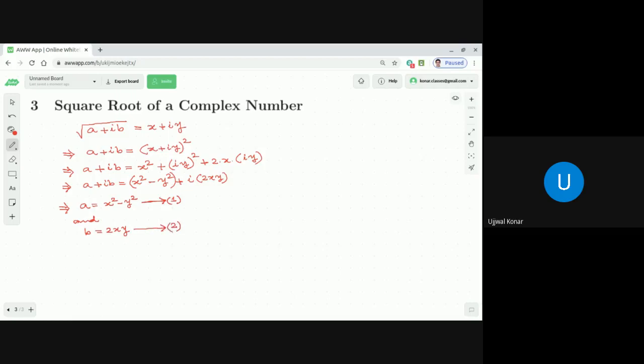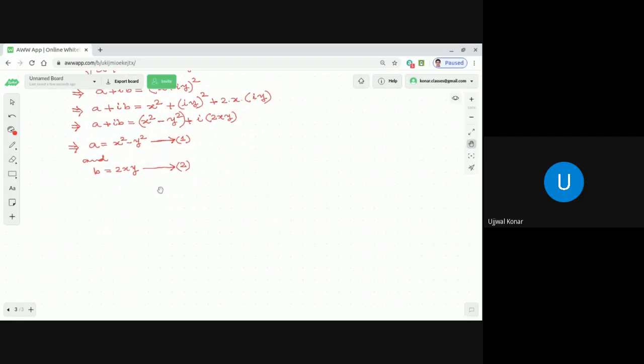Now what we are going to do, dear students, is find x square plus y square whole square. If we do x square plus y square whole square, what are we going to get?